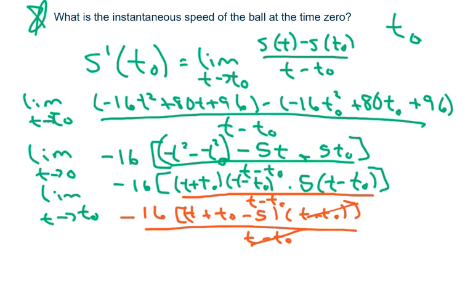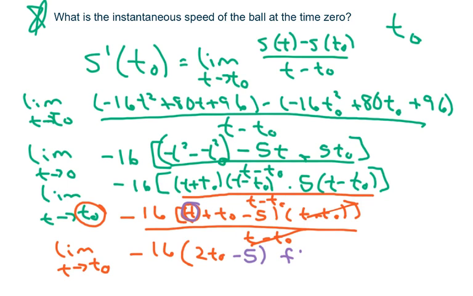I'm going to finish this up, and when I finish it up and put in t0, so basically I'm plugging this in, the limit as t approaches the initial time is negative 16 times 2t0, because I'm substituting this t with t0, minus 5 feet per second.